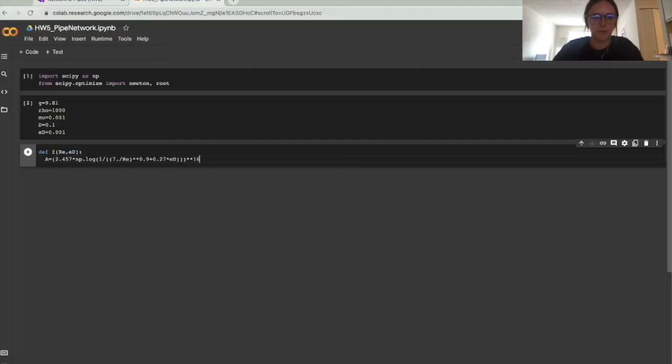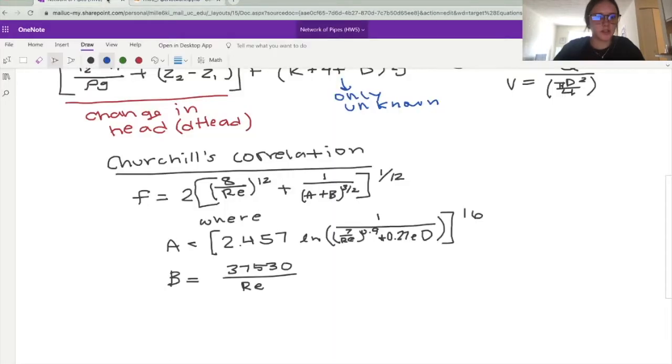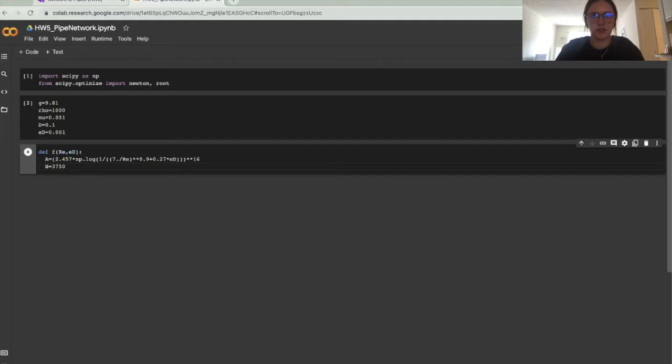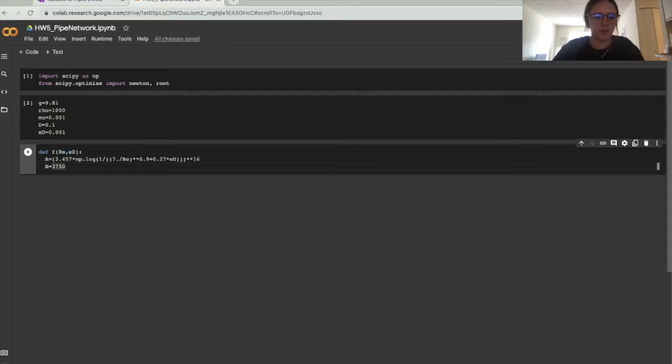Yep, 16th power. And B is pretty easy. It's just going to be 37530 divided by the Reynolds number.